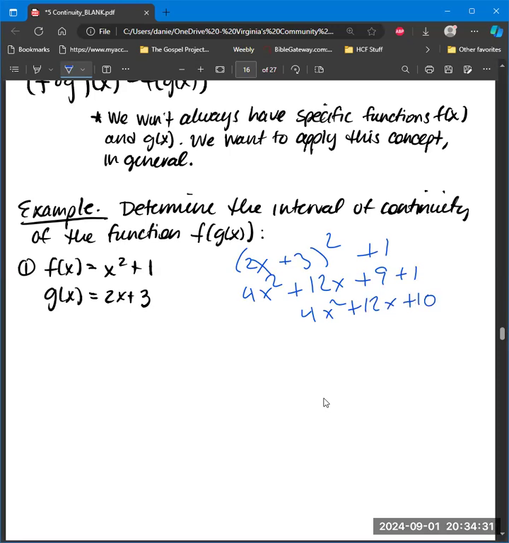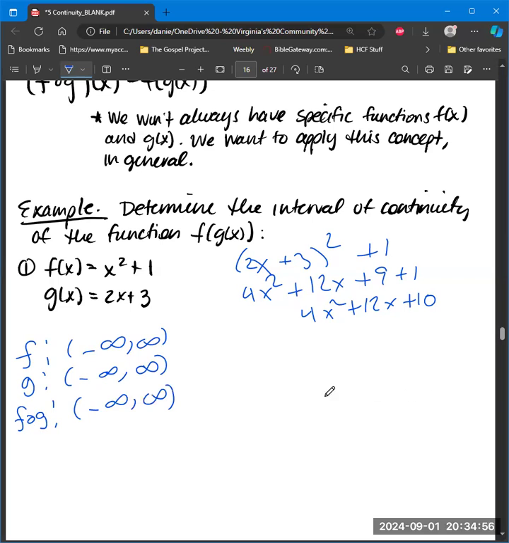So we know that f of x is continuous on negative infinity to infinity since it's a polynomial. G is also a polynomial of degree 1 that's continuous on negative infinity to infinity. And f of g of x, we see here by the composition, is also a polynomial that'll be continuous on negative infinity to infinity.